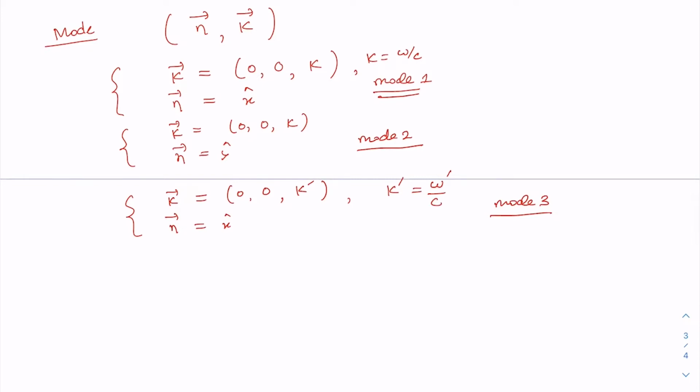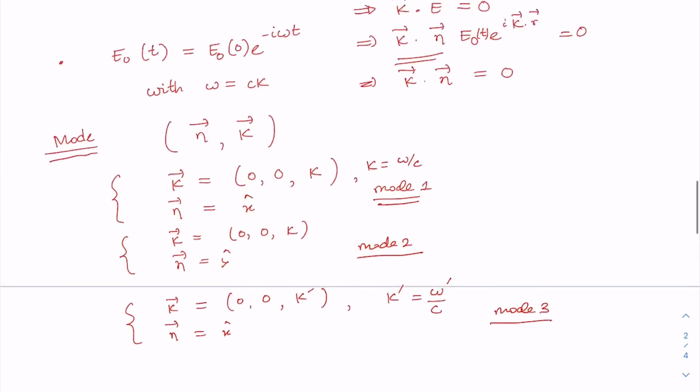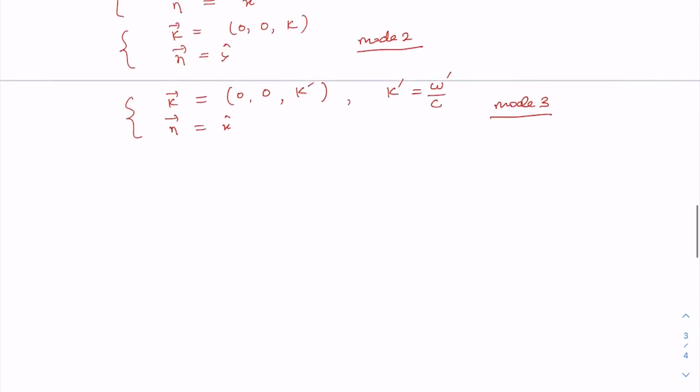So in general, a mode is an elementary oscillating solution of the Maxwell equations, and the mode determines the structure of the field. However, please note that this E0(t), which is the complex amplitude of the electromagnetic wave, characterizes the state of the field in a given mode.